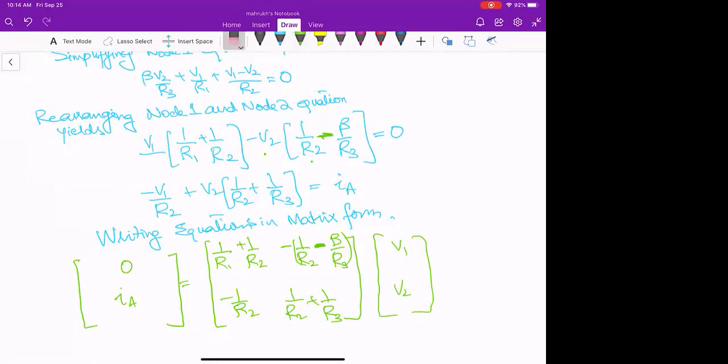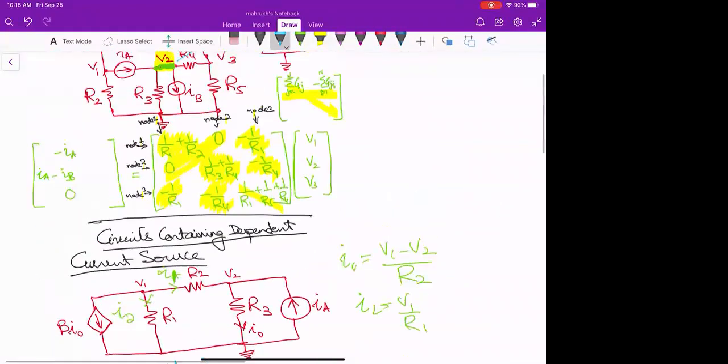Okay, so this is the equation. But you can see in this equation, what I'm trying to say is that this is okay, because we are not expecting them to be symmetric, right? These are just the sum of the admittances at that particular node. But here, you can see that our symmetry is disturbed because of this dependent source. If you compare with our other matrix, we have the symmetry at off-diagonal elements too, right?